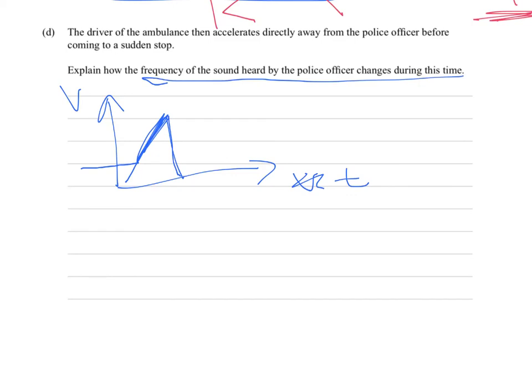So first, what's going to happen as it accelerates away? Remember, going away, it's going lower. So it's increasingly lower, if that makes sense.